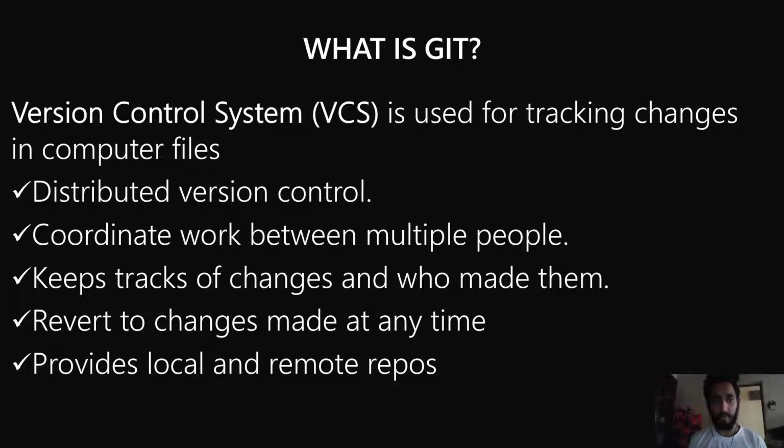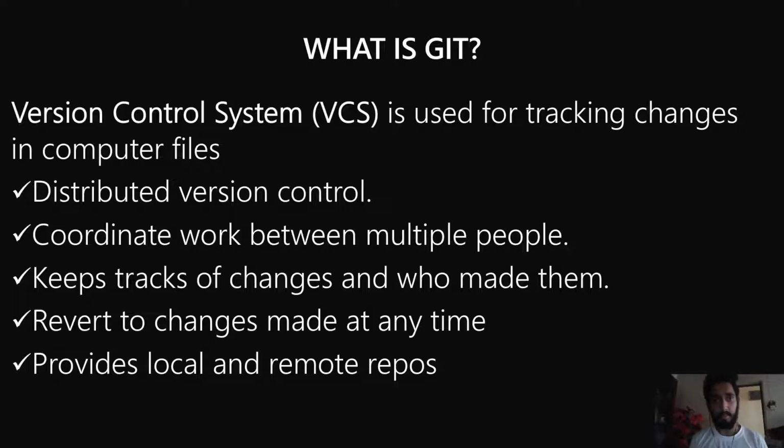You can use it for any technology or programming language. It is a distributed version control, meaning that it is decentralized. It does not depend on any network, so you can use it at home, then on another PC at work, and you can coordinate with many people and work on the same project.